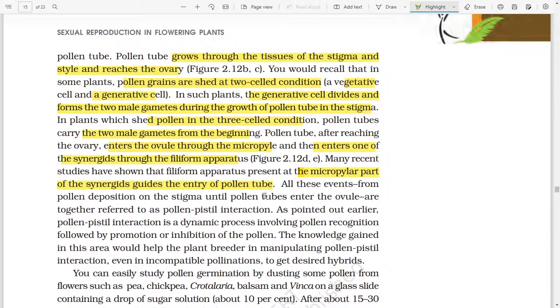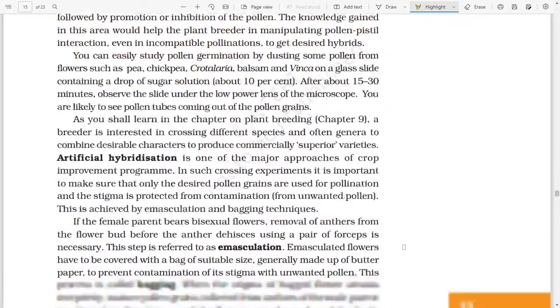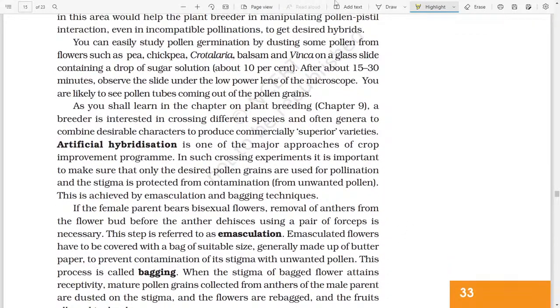You can easily study pollen germination by dusting some pollen from flowers such as pea, chickpea, balsam, and vinca on a glass slide containing a drop of sugar solution, about 10%. After about 15 to 30 minutes, if you observe the slide under the low power lens of the microscope, you are likely to see pollen tubes coming out of the pollen grains.